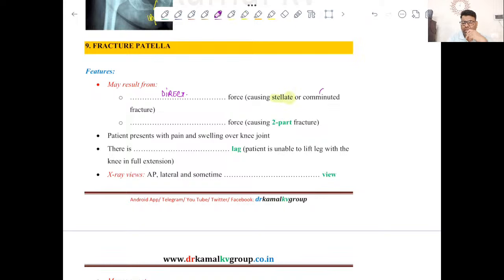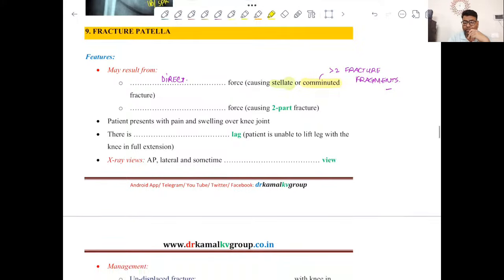Now comminuted means more than 2 fracture fragments. Usually we see a single fracture line and 2 bony parts, but here there are more than 2 bony fragments, and therefore we call it a comminuted fracture.